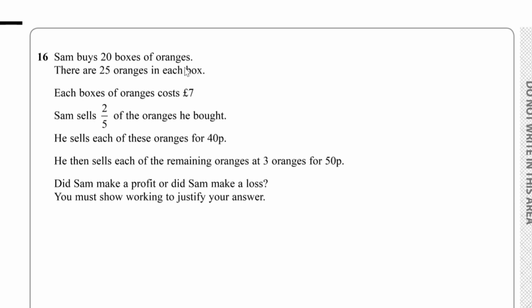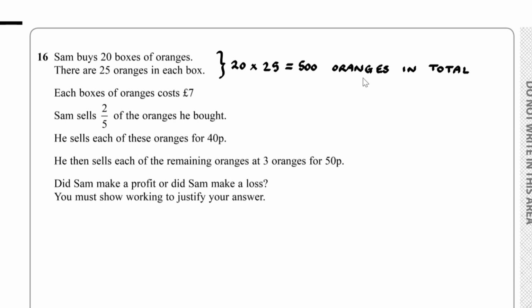Well, if there's 20 boxes and we've got 25 oranges in each box, that means we've got 20 times 25, which is 500 oranges in total.